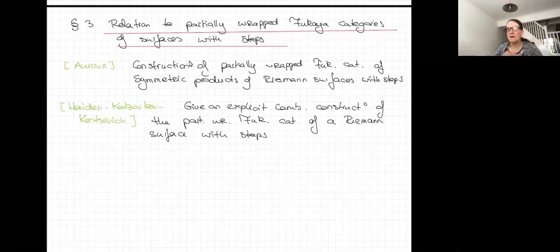And I'm going to say something more detailed about this construction next time, enough so that you can really see how it relates to the bounded derived category of gentle algebras. But I would like to mention it here as well.